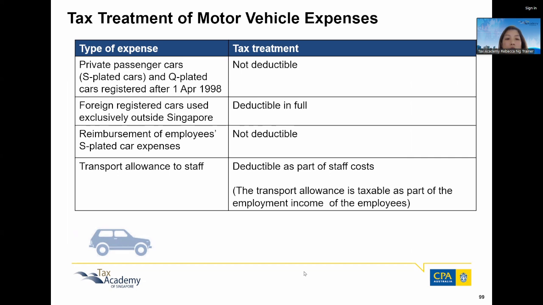Transport allowance to staff is deductible as part of the cost because the company can provide allowance to the employee, but the employee can choose to take taxi, public transport, or drive his own car. So the company has no visibility over how the employee is going to use up the particular allowance, so this allowance will form part of the staff cost and it is allowable for deduction.